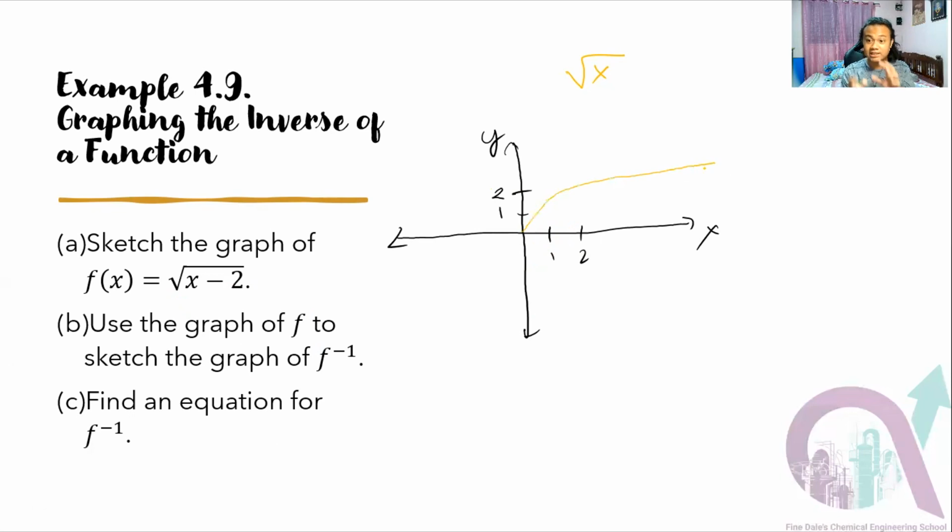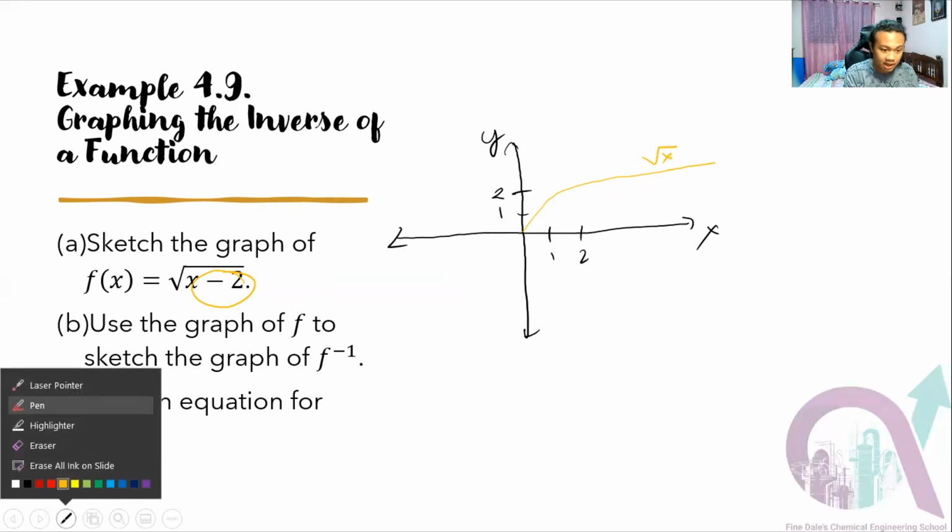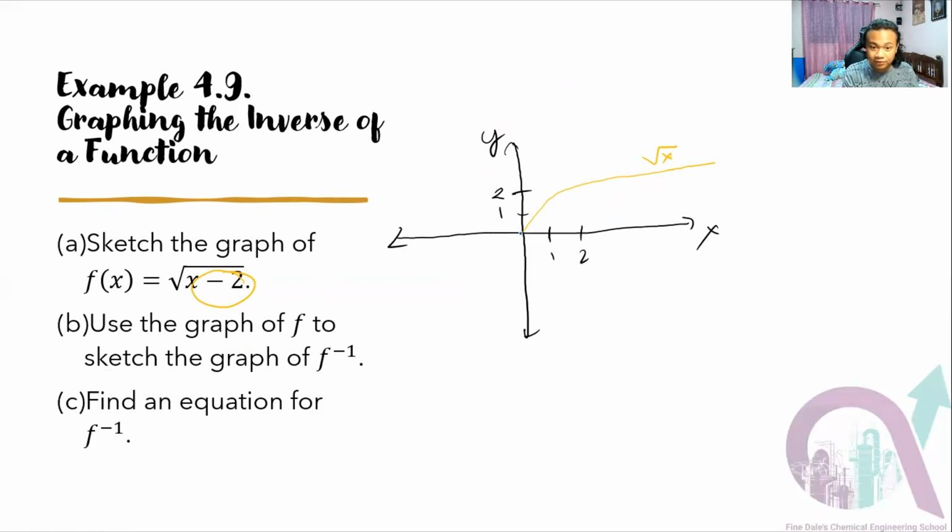Imagine the graph of the square root of x. Now we have minus 2, which means shift 2 units to the right. Since it starts at 0, we shift 2 units to the right. Let's use a different color, blue. Shift 2 units to the right, because it's minus 2.